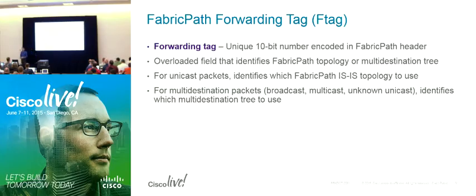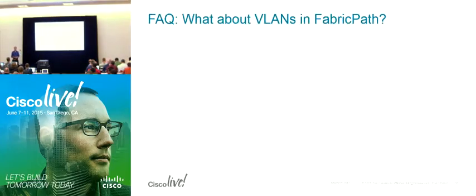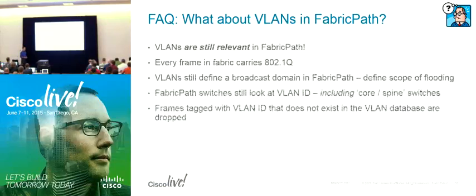All right. So what about VLANs in the FabricPath? Well, VLANs are very much relevant here. A lot, I'd say. Every frame inside the FabricPath fabric has a .1Q tag, every one of them. Even if on ingress you didn't have a tag, if it was an access port or you had the trunk native, in the fabric you will still tag them.